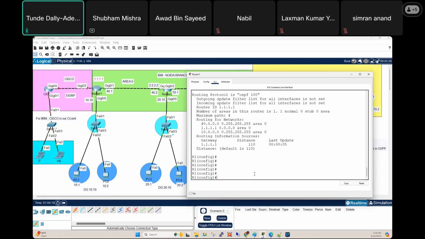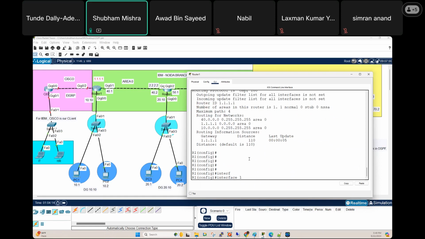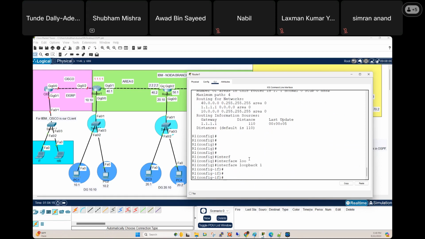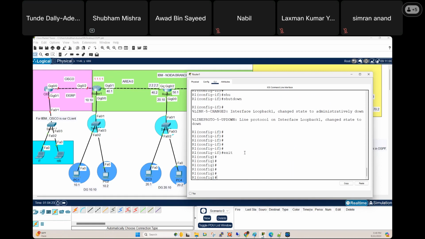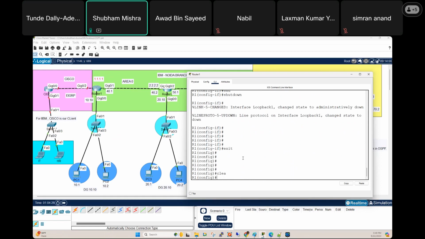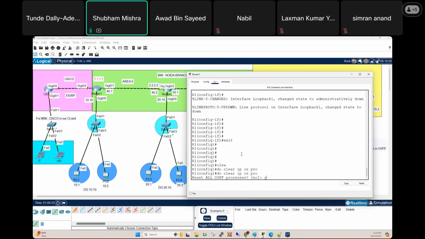For example, interface loopback 1, shutdown. I just shut it down and am writing clear IP OSPF process. Yes.